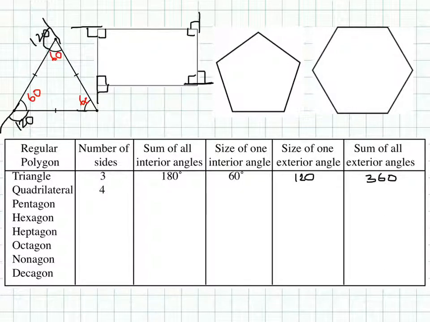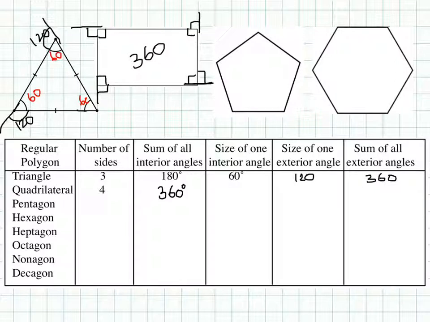One other thing before I fill in the table. I know that because that's a quadrilateral, if you looked at my video on angles in polygons, all the angles in this shape add up to 360 degrees. So that means I can fill this in and say that all the interior angles add up to 360 degrees.